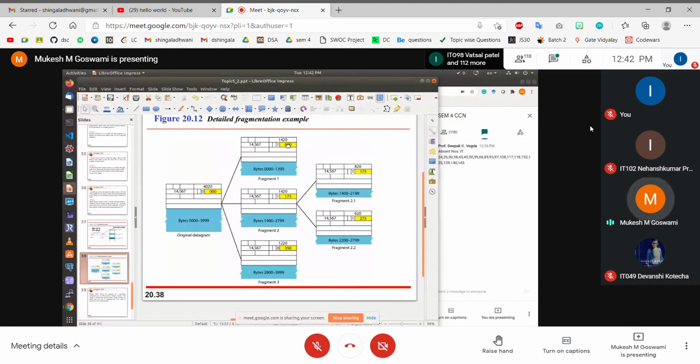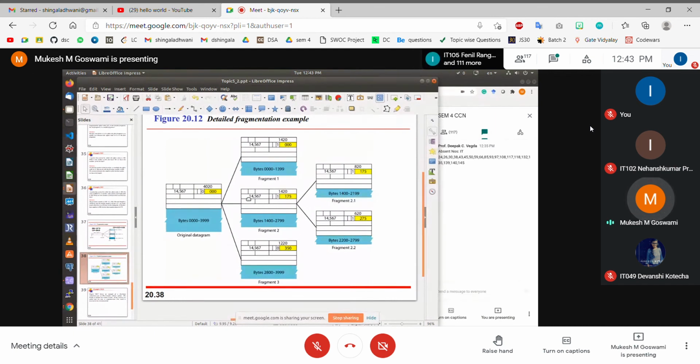What is going to be the offset value here? Remember, the identifier value remains the same because this identifier tells you that these 3 packets are actually fragments of a single packet itself.